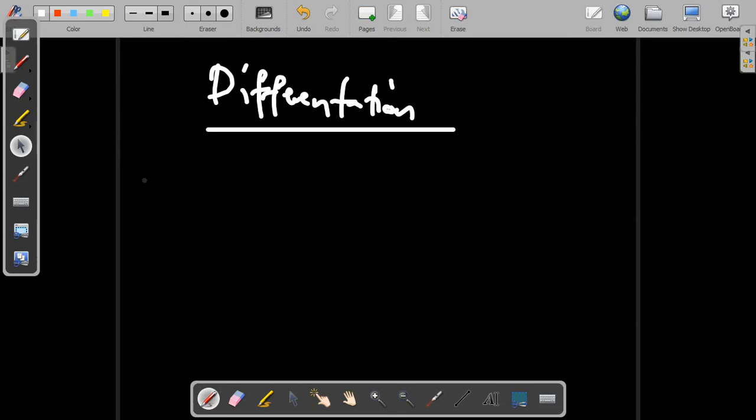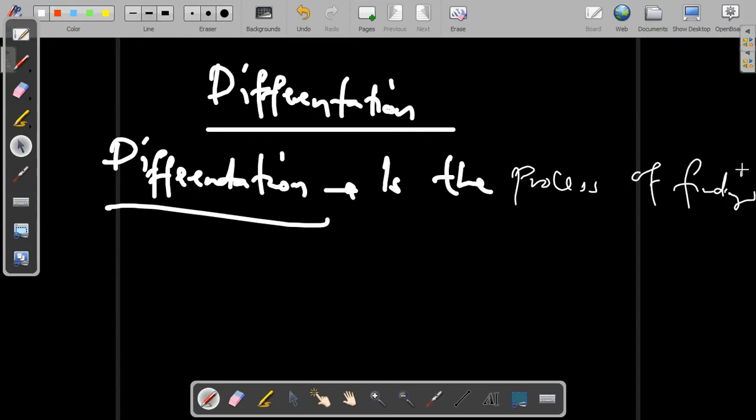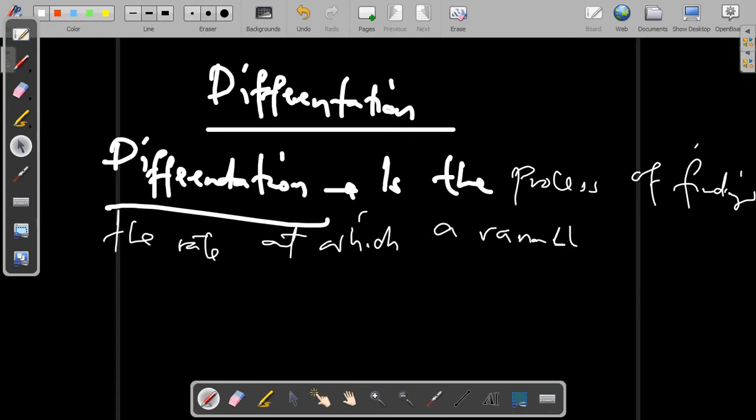Differentiation is the process of finding the rate at which a variable quantity is changing.